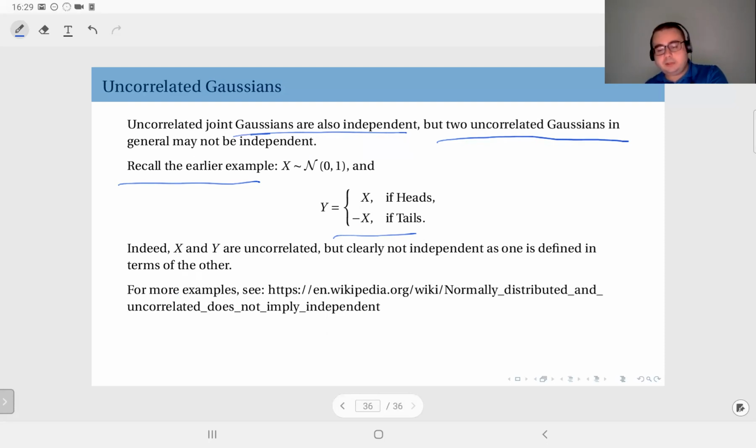In this case, they turn out to be uncorrelated. If you compute the correlation coefficient, it turns out to be 0, but they are clearly not independent because one of them is defined in terms of the other. This illustrates that if they are not jointly Gaussian, even if they are marginally Gaussian, they may not be independent even if they are uncorrelated. So being jointly Gaussian is very important in that sense.